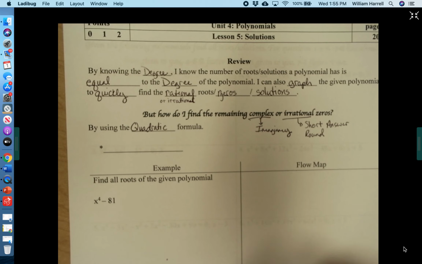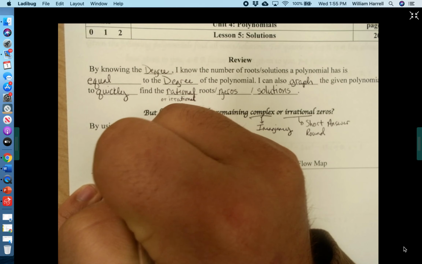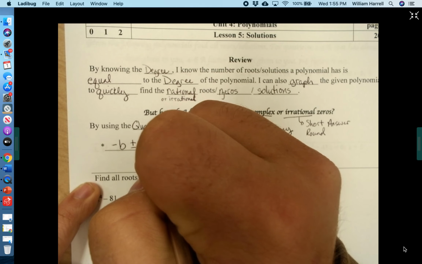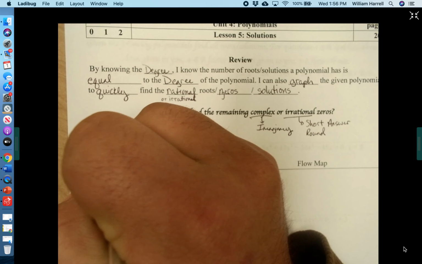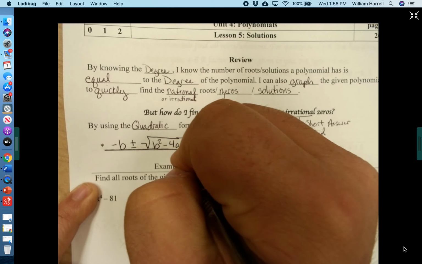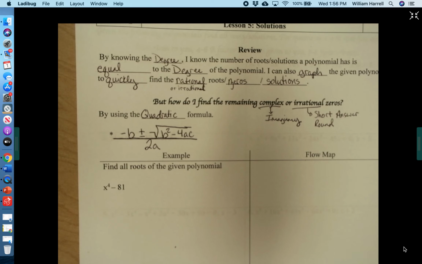So the quadratic formula: negative b plus or minus the square root of b squared minus 4ac, all divided by 2a. Once you get down to a quadratic, you can use the quadratic formula to get the rest of your solutions.